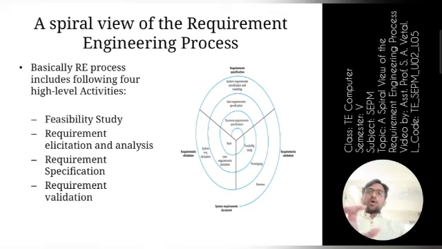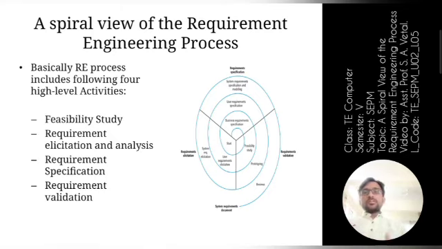If you observe the diagram shown in our slide, the process of requirement engineering starts with requirement analysis or requirement specification. We are going to gather the requirements from the customer.